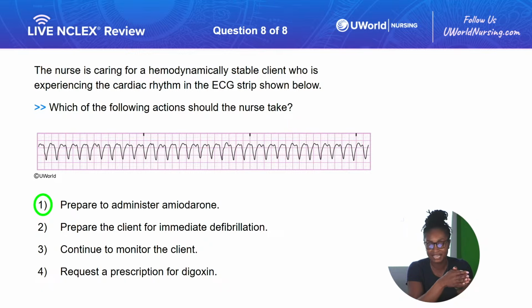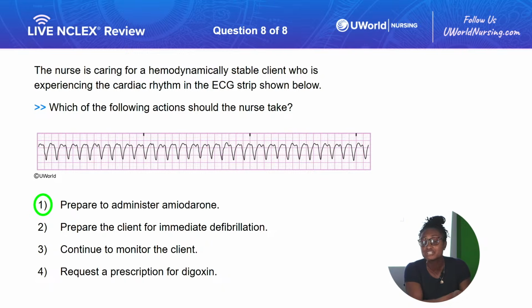Like I said at the very beginning, VTAC has those saw or sharp QRS waves, or they could be tombstone looking like this one here. So this is a VTAC, ventricular tachycardic rhythm. But in the question, it says that they're hemodynamically stable, meaning that they're awake and they have a pulse. And so if it's VTAC and they have a pulse, we're going from least invasive to most invasive.